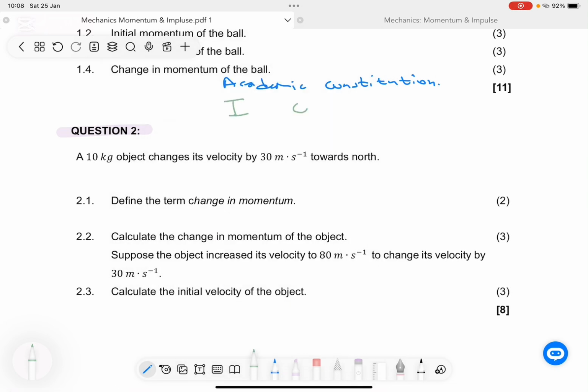The I rule, the C rule, the A rule, and the N rule. The I rule is the interpretation rule. So we interpret the given problem.